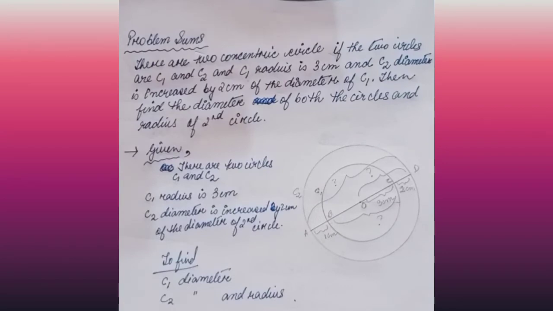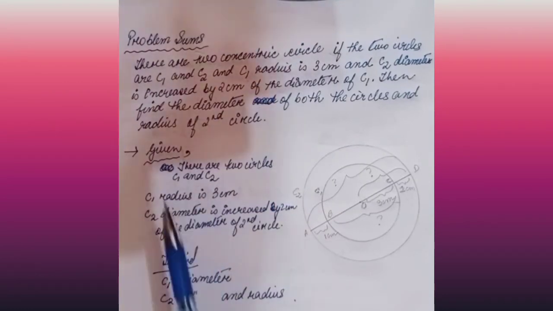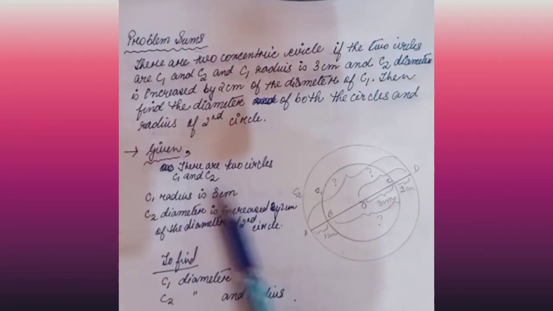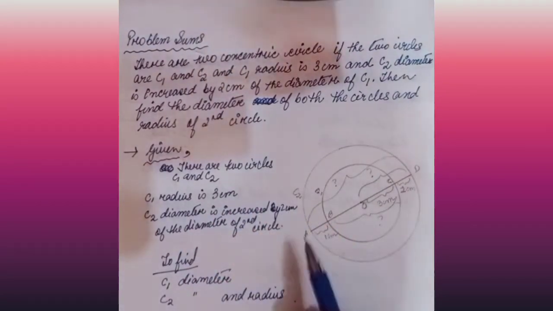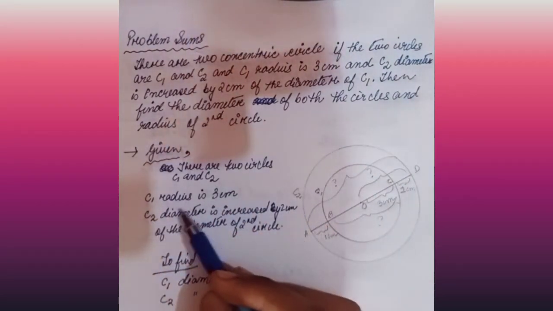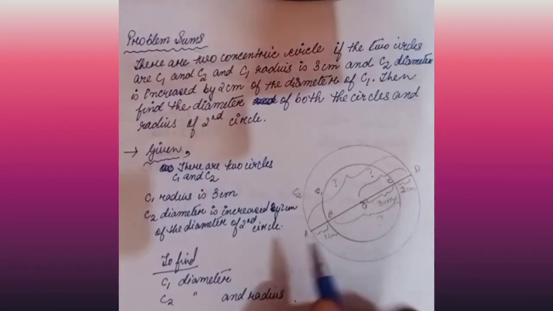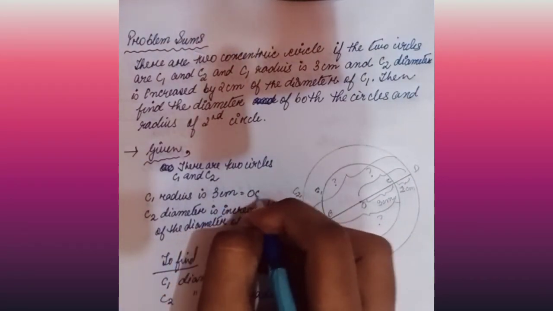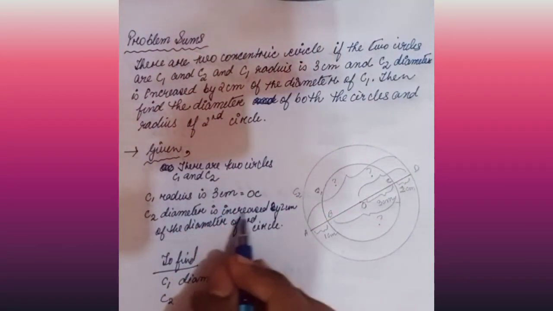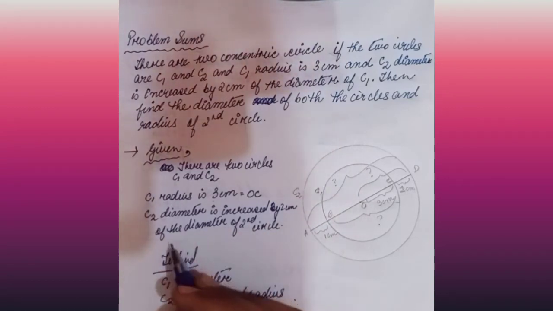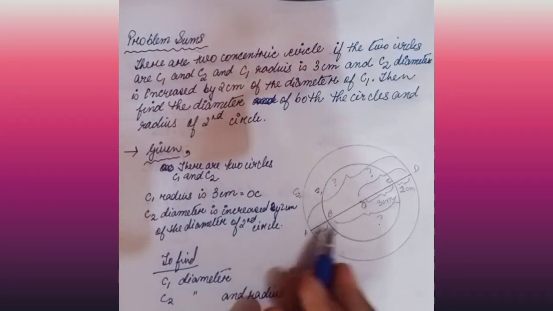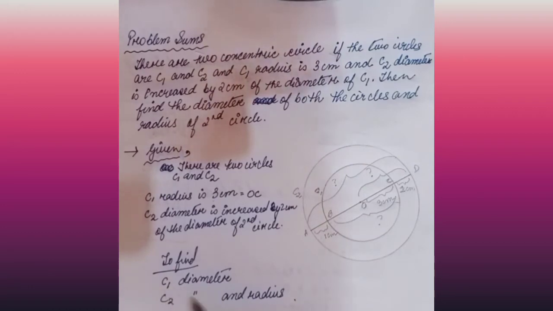As you can see, I have written the given part: there are two concentric circles, C1 and C2. C1 radius is 3 cm, meaning OC is 3 cm. C2 diameter is increased by 2 cm of the diameter of the second circle. To find C1 diameter, C2 diameter and radius.